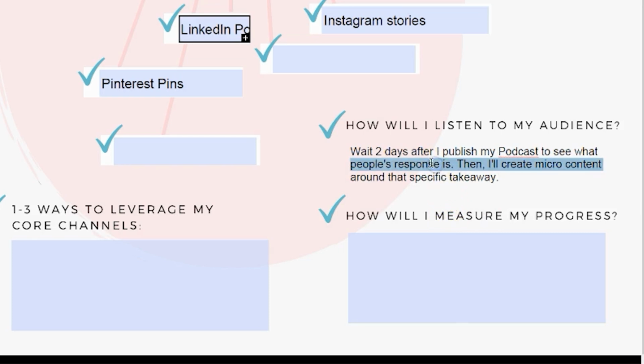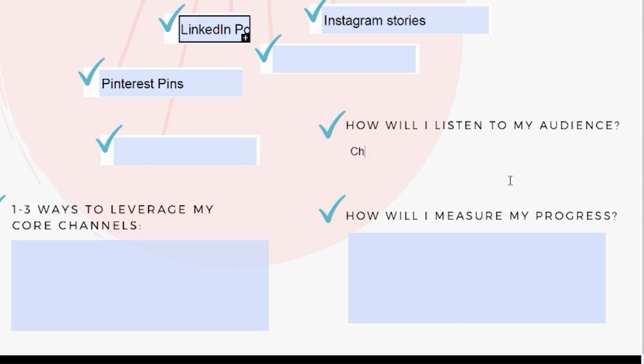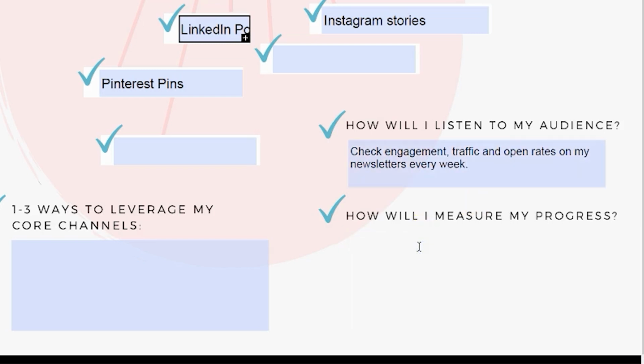So what would this look like if you're just getting started? Very simple. All you're going to do is check engagement, traffic, and open rates on my newsletter every week. Very simple, right? Straightforward. How will you measure your progress? So let's talk about specific KPIs.